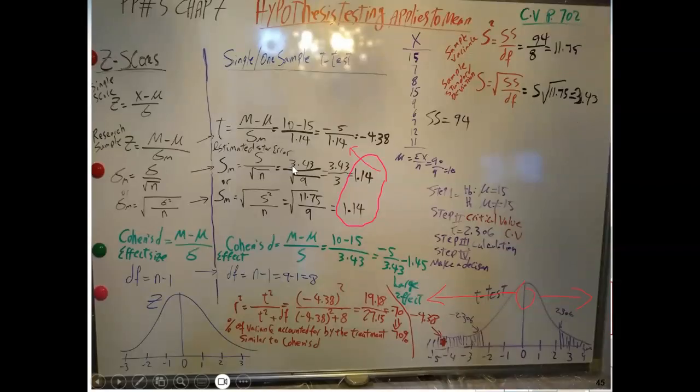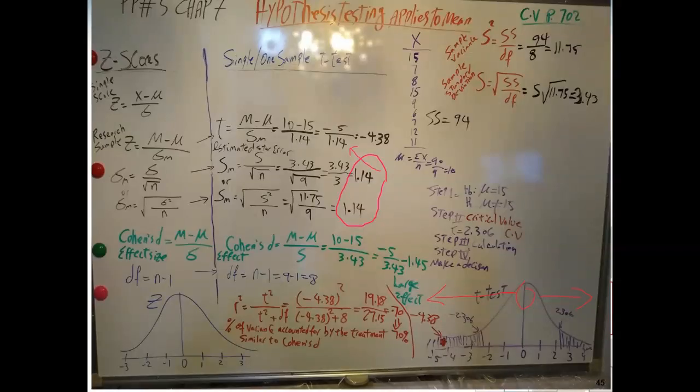That gives you the standard deviation. So you put in the right one, the top one. Either way, you can see that pink circle. Your estimated standard error should be 1.14. Whether you use the standard deviation or variance, you plug it in where it belongs, in the denominator of the t-test formula.